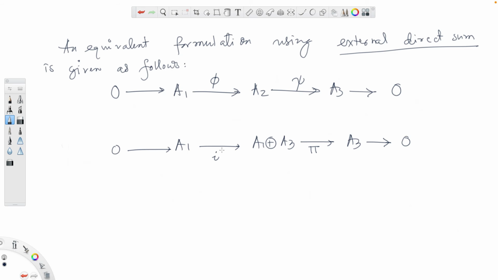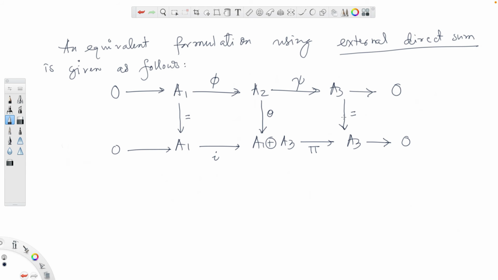We are not concerned with the structure of the resulting object A1 direct sum A3, and we are not writing A2 as A1 plus A3, but there is a map theta that relates A2 with A1 plus A3.